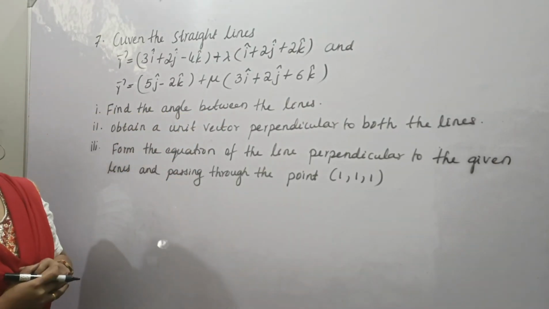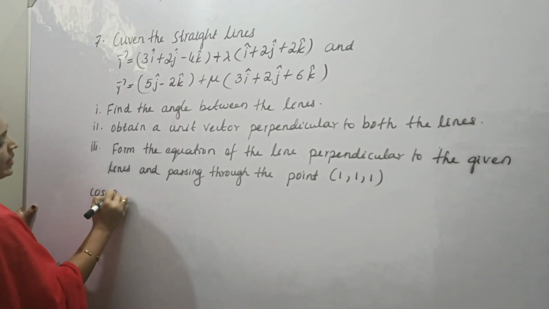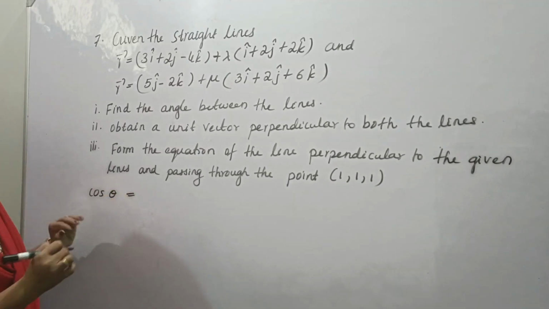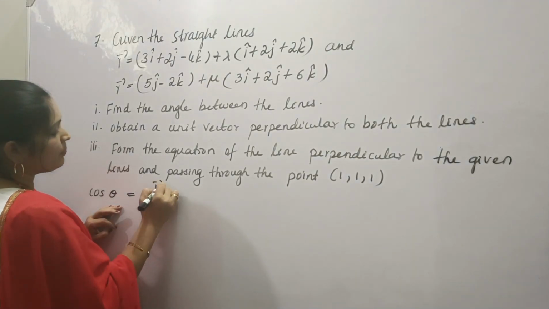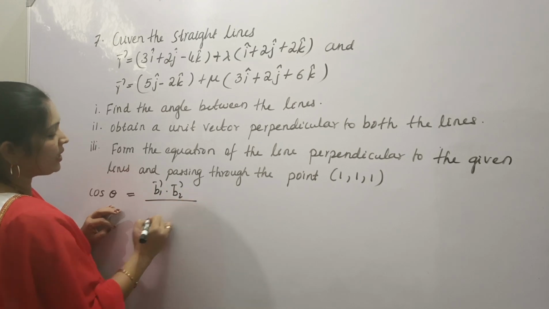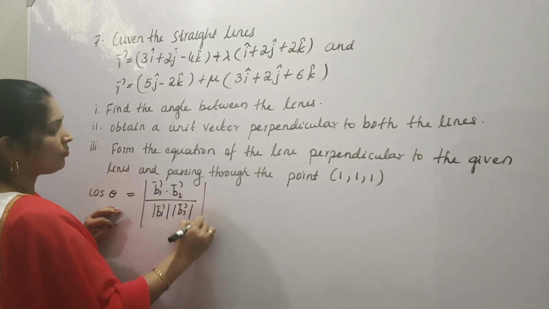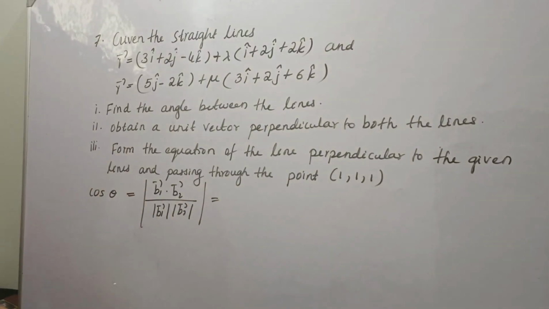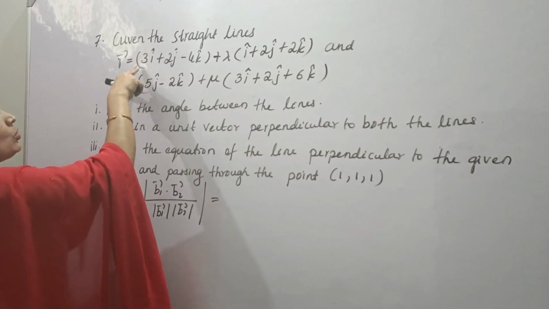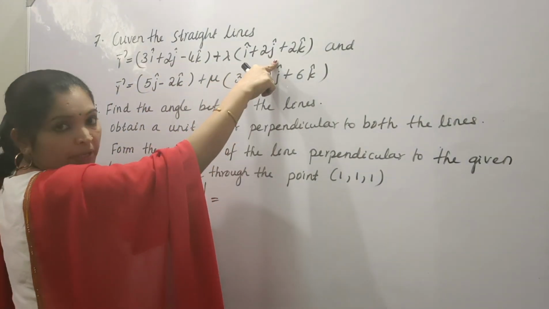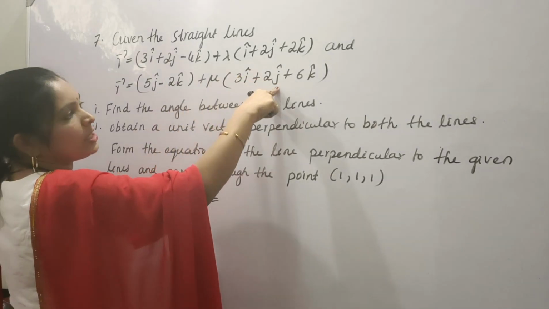See here, the given lines are in vector form. Therefore, let's find the angle between these two lines using the vector form. Cos theta is equal to vector b1 dot vector b2 divided by modulus of vector b1 into modulus of vector b2. Here, what are vector b1 and vector b2? It is of the form vector r = vector a1 + lambda vector b1, and vector r = vector a2 + mu vector b2.